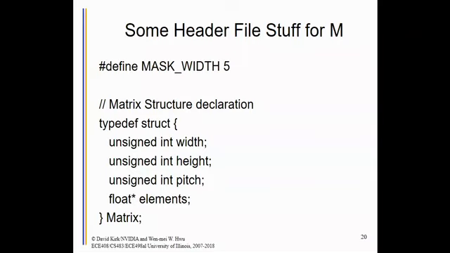The most frequent use of pitch is when we do what we call padding of matrices. It turns out that in most CPUs, if the width of the matrix is not a multiple of 16 or 32 words, you will run into what we call an alignment problem when you access the matrix rows.